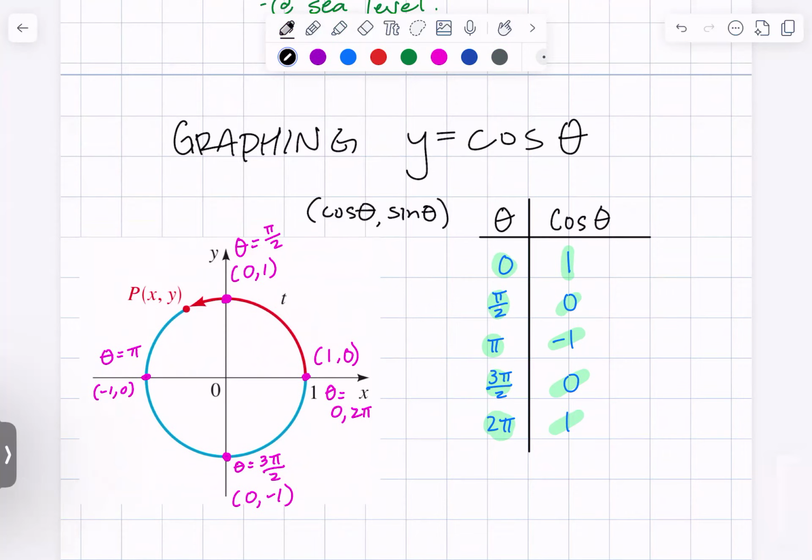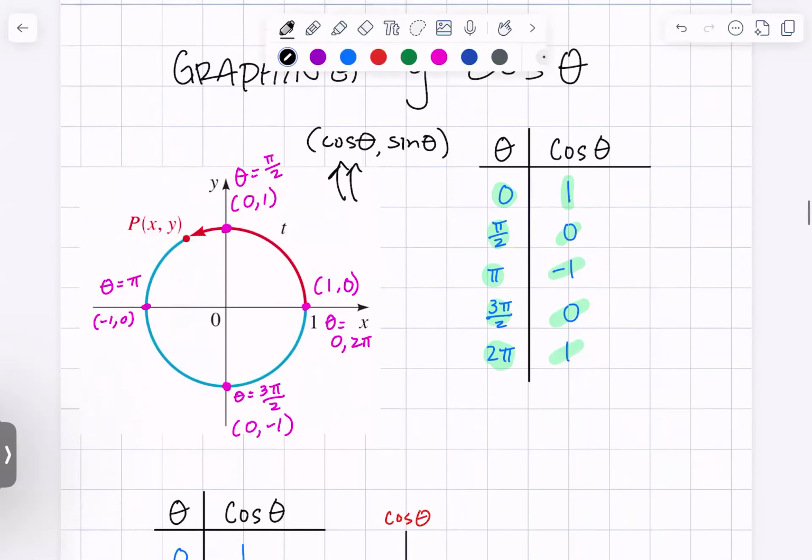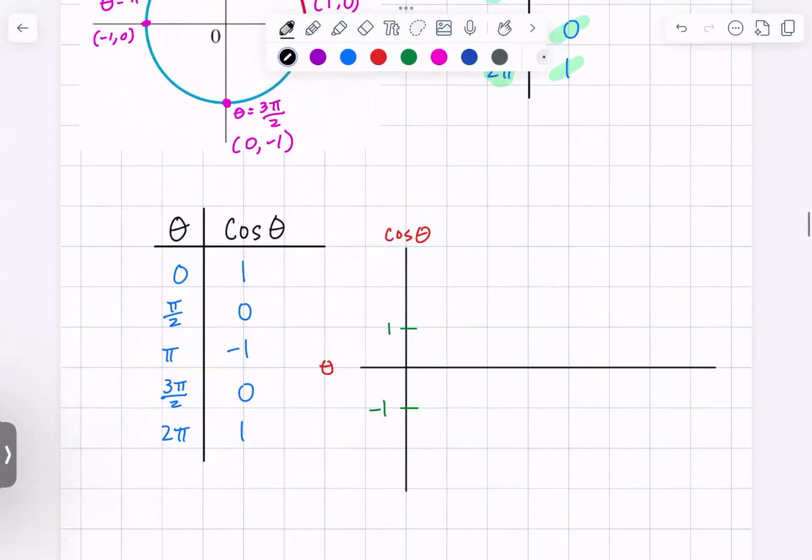So I just have to look at my x coordinate, which at those theta values of 0, pi over 2, pi, 3 pi over 2, and 2 pi, is 1, 0, -1, 0, and 1. So I have my XY chart, and I'm going to go ahead and graph it again.